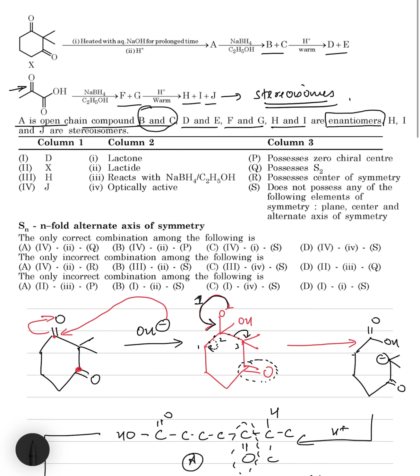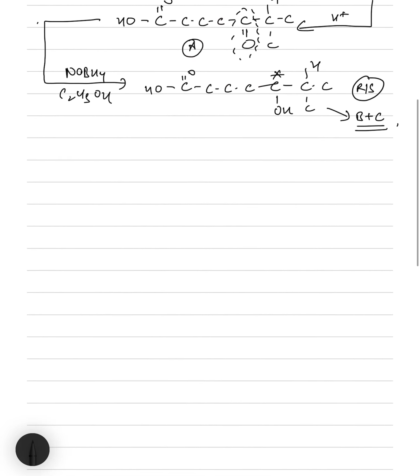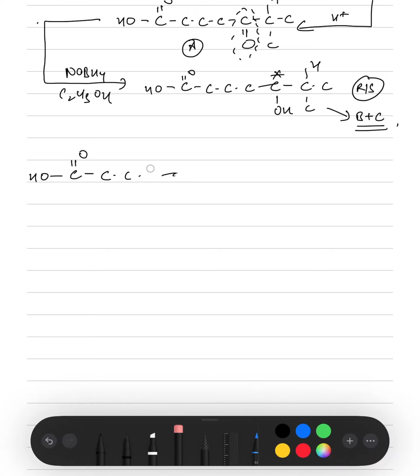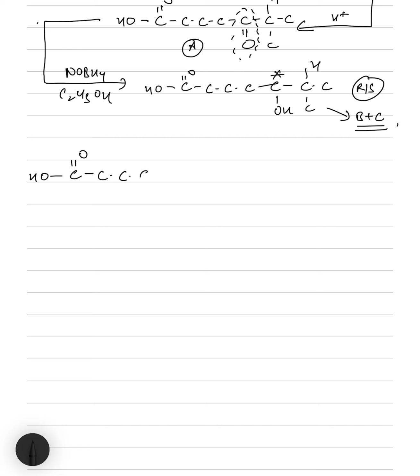Next step: the product obtained, that is B or C, is made to react in the acidic medium under some warm conditions. Now if you look at this molecule, we have one carboxylic group, and along with the carboxylic group we also have a hydroxy group.